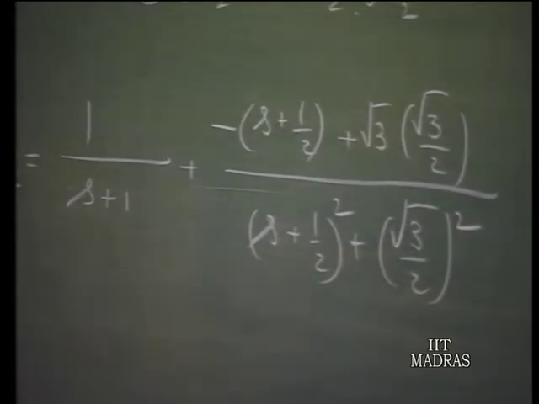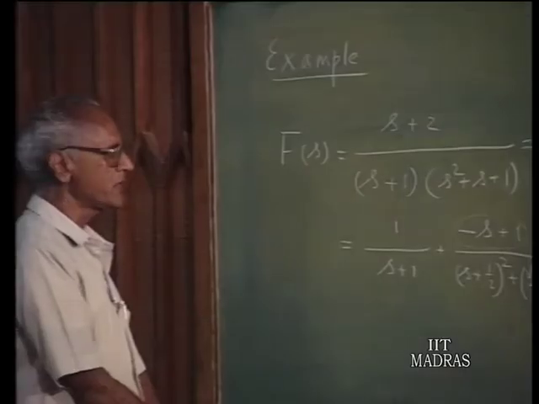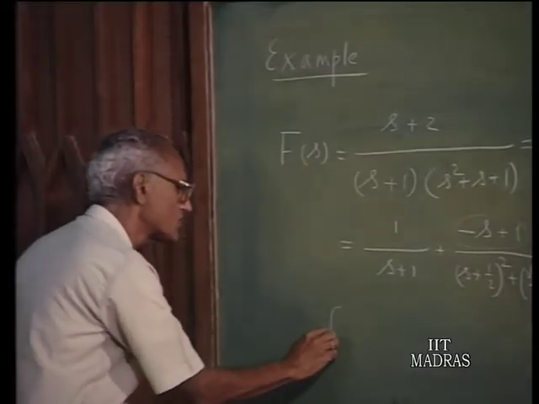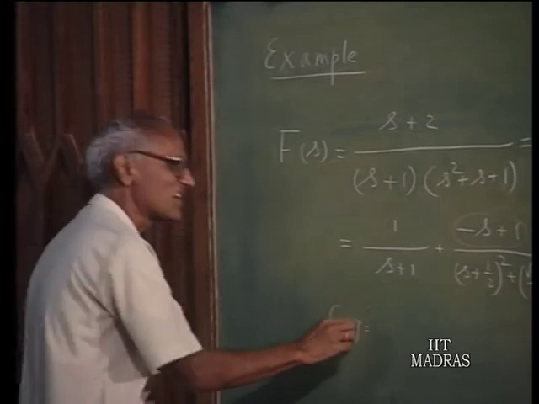Now, we have got the 3 terms which are known Laplace transforms of particular time functions. Therefore, we can find out the inverse Laplace transform, that is the time function corresponding to the first term.